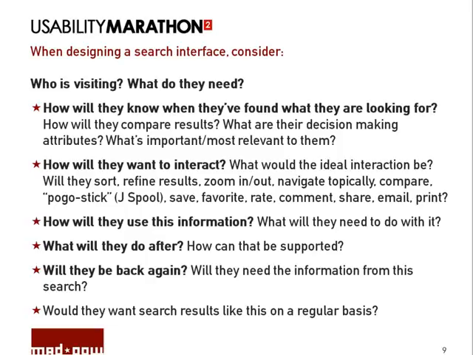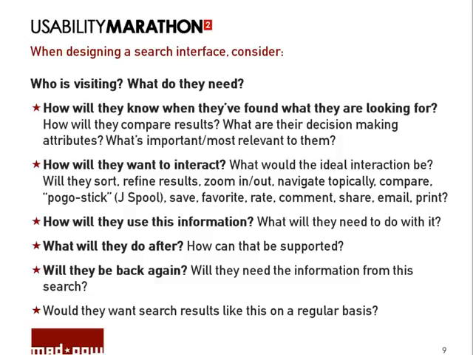There might be topics within the information space that allow you to navigate. You might want to compare and see different facets of information in a way that enables you to easily compare the results. Will you want to save a result or a detail? Will you want to mark it as your favorite, rate it, comment on it, share it, email it, print it?